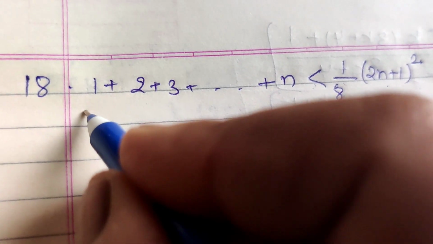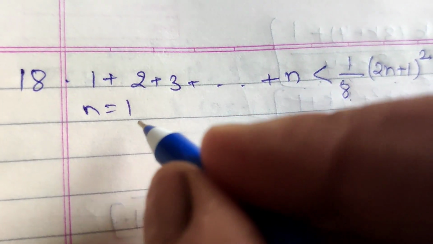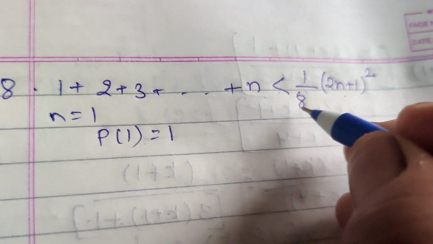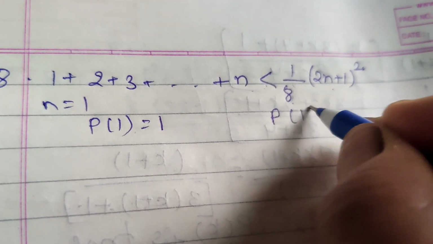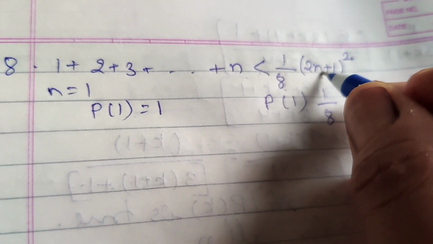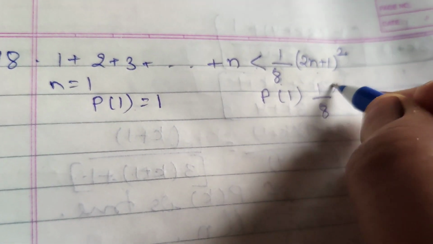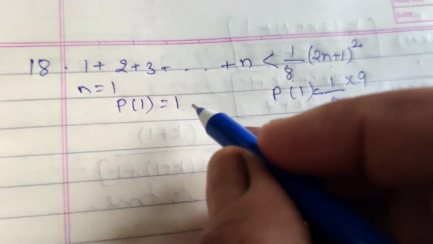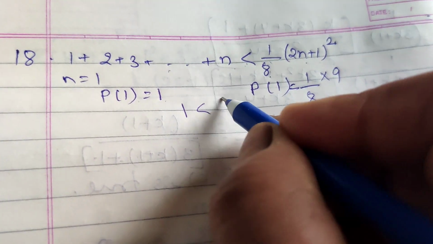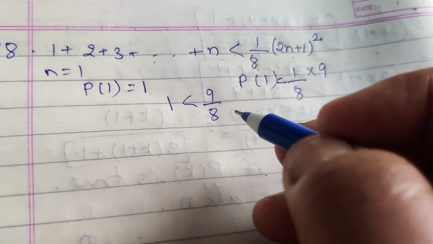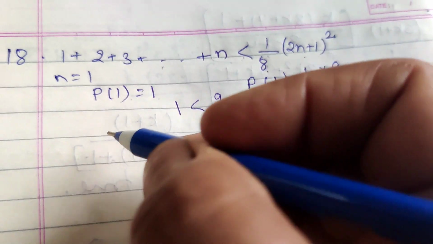For the same process, n equal to 1, P1 equal to 1, and on the right side 1 by 8 times (2 into 1 plus 1), 3 into 3 square, it is 9. So 1 is less than 9 by 8, and 9 by 8 is greater than 1.